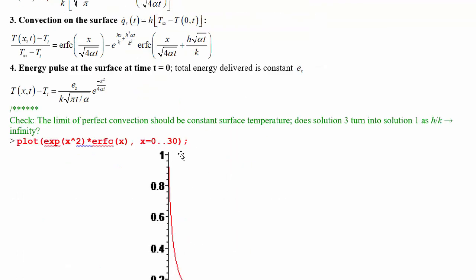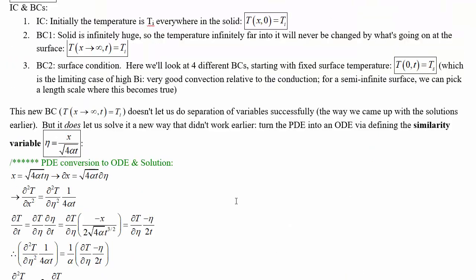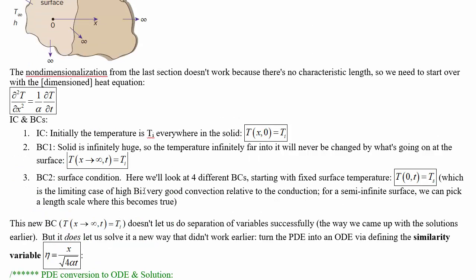So we've got a slightly different definition of our temperature. And the other thing is that there's no specific length scale to use for defining the dimensionless space. And because of the different boundary condition, one is that the solid's infinitely huge. So as you move into the object, the temperature can't be changing at a far enough depth. So no matter how much time you wait, as you move towards the center of the Earth, it's not changing because of the situation that's going on at the surface.